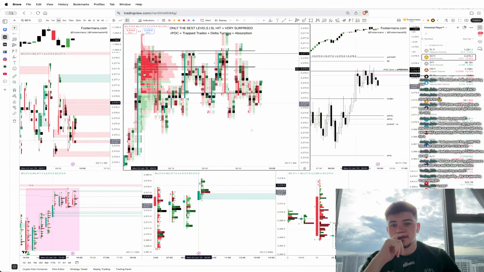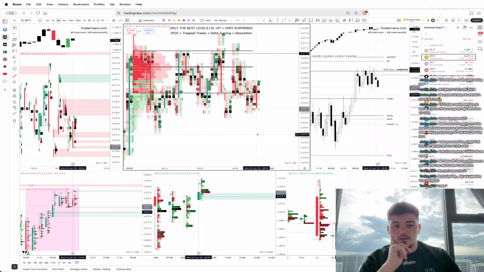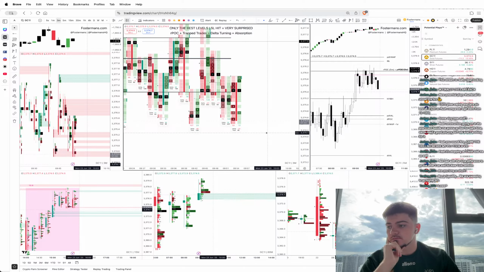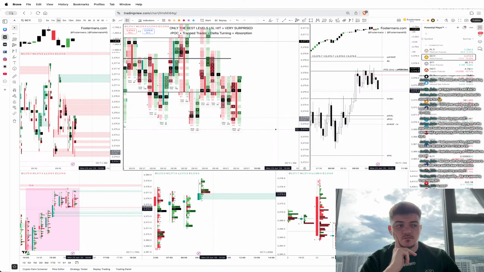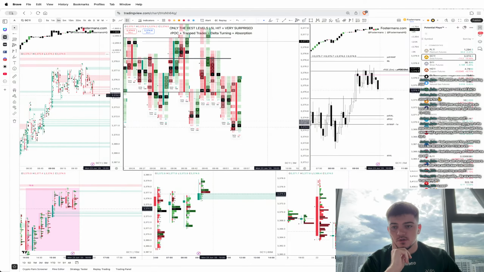You can see that is predominantly sells. You know, not crazy. Right, so we swept all them imbalances.